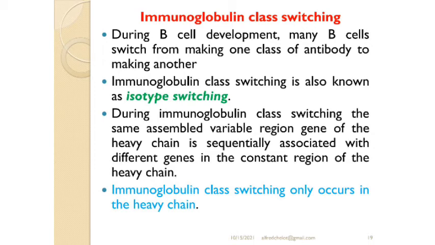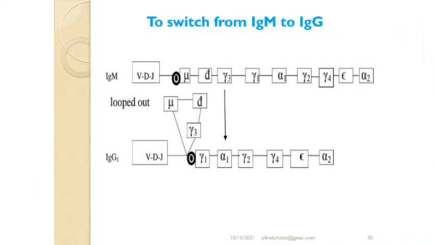During immunoglobulin class switching, the same assembled variable region gene of the heavy chain is sequentially associated with different genes in the constant region of the heavy chain. And you need to know that immunoglobulin class switching only occurs in the what? In the heavy chain.